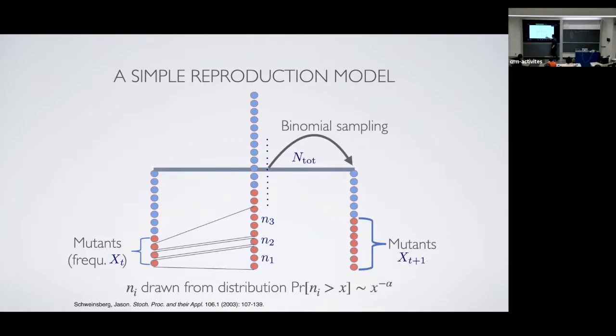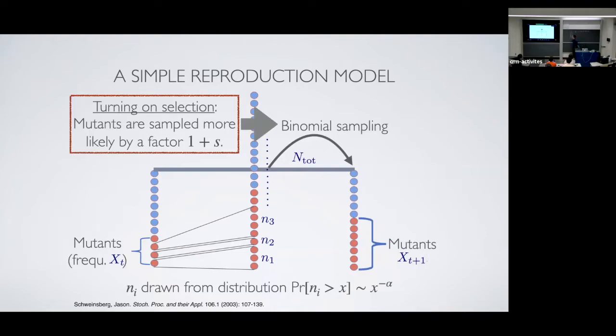After this first step, the frequency of mutants would have changed to some new frequency, let's call it x tilde. And to produce the population of the next generation, I now binomially sample, with the success probability given by the fraction of the mutants at this intermediate step. That's a completely neutral process so far, but we can turn on selection by saying that mutants are sampled slightly more likely, by a factor of 1 plus s.